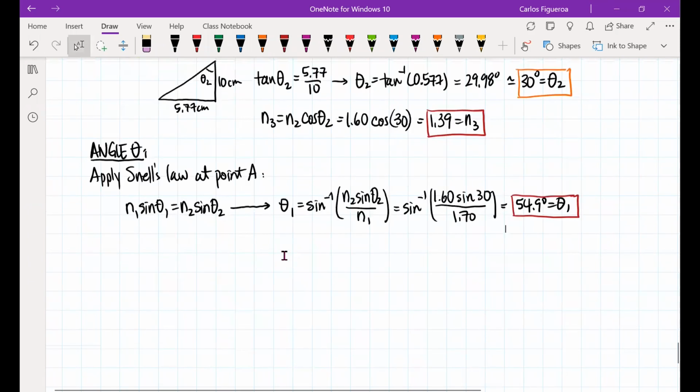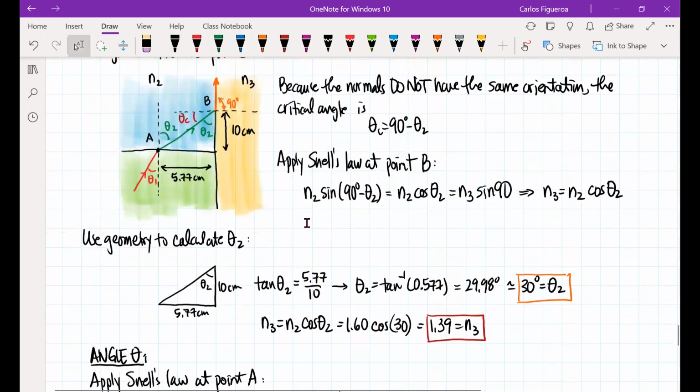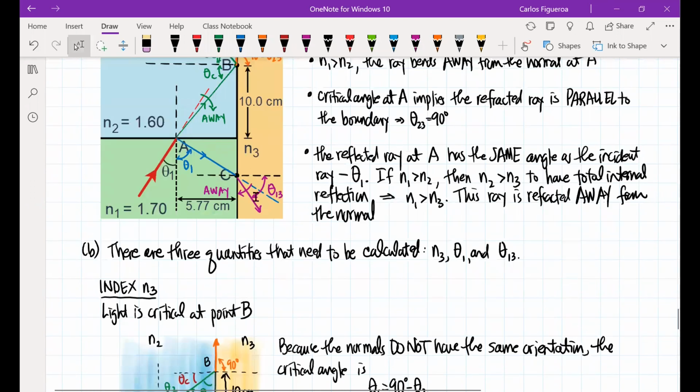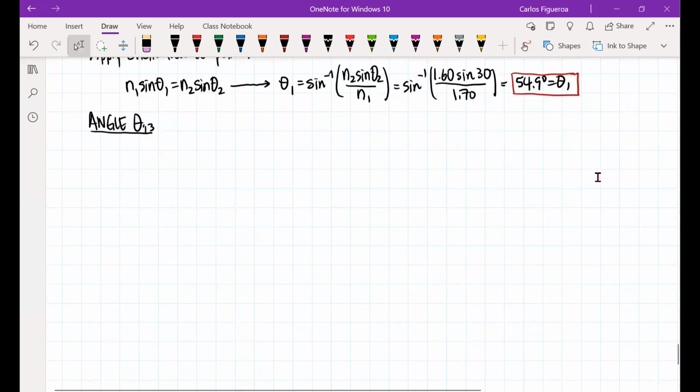Okay, so now the next angle we've got to calculate is the angle theta 1, 3. So if you look at the theta 1, 3 angle here, note that again, there's this change in orientation. So you should expect a cosine term to show up. So let's go draw this so that it's clear for what we're looking at right now.